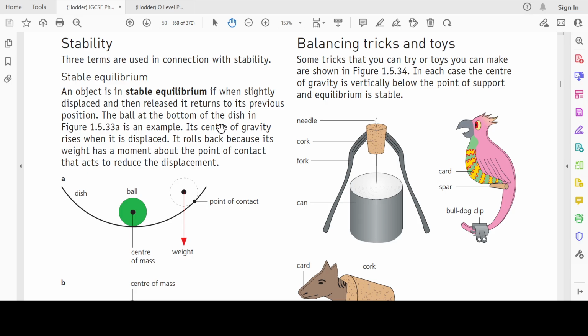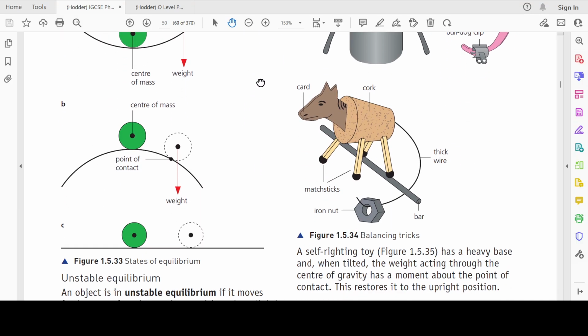And the ball will roll back to its original position, right? It rolls back because its weight has a moment about the point of contact, so a turning effect, and it acts to reduce the displacement, so going back to its original position. That is stability. That is stable equilibrium.